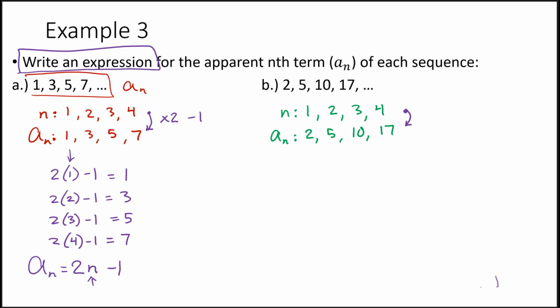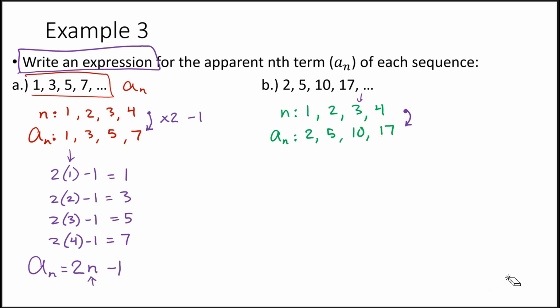Let's try something like we did on the previous one. Maybe 1 times 3 minus 1. Well, 1 times 3 is 3, minus 1 is 2. Maybe that will work, because 2 times 3 is 6, minus 1 is 5. It seems like we're matching these two, but when I get here, 3 times 3 is 9 minus 1 is not 10 but 8. And so that doesn't work.